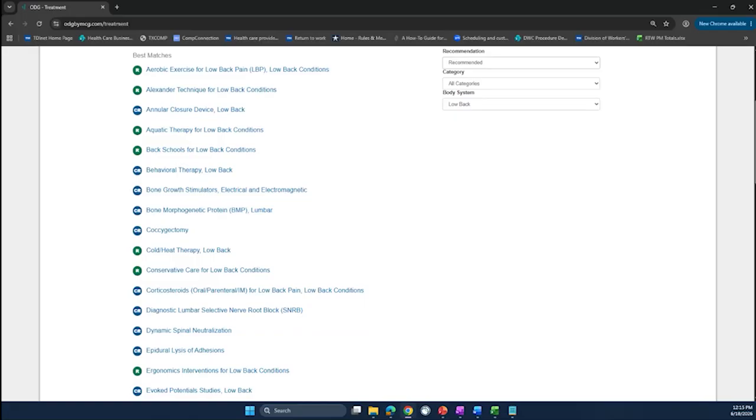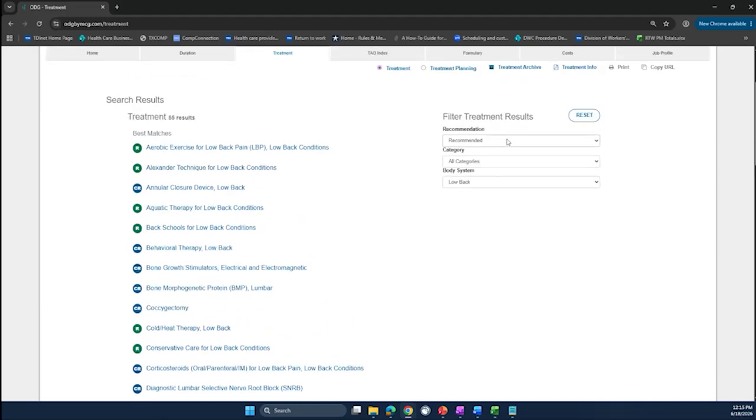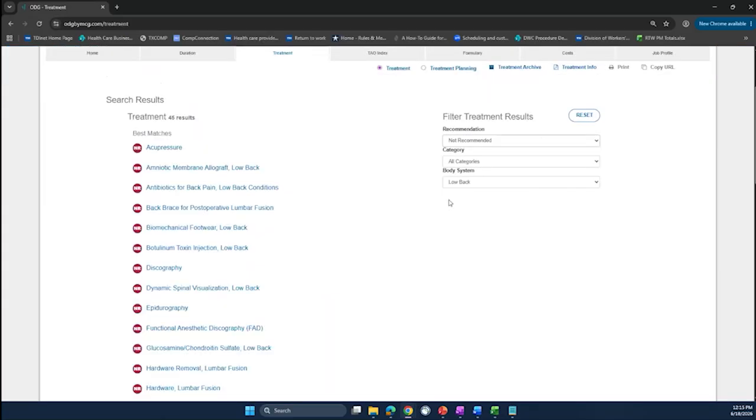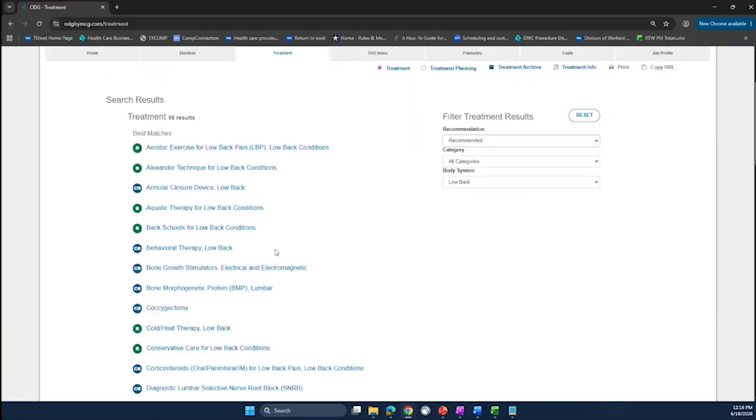So one of the things that I want you to keep in mind is that even if it's not recommended, you could still go in there and look for help documenting the exceptions.